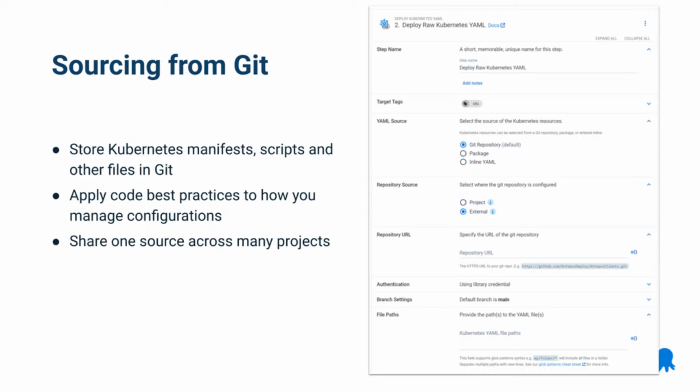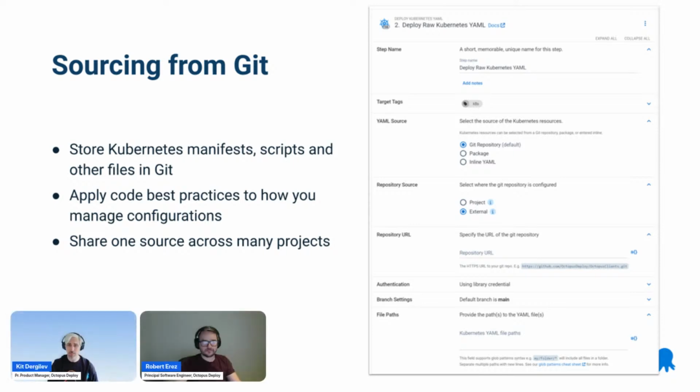That could be used for scripts, for YAML files, for Kustomize, for Helm values, and the benefits are obvious. Store them in Git, evolve them in Git, use PRs to upgrade them, and still use all that Octopus has regarding templating.